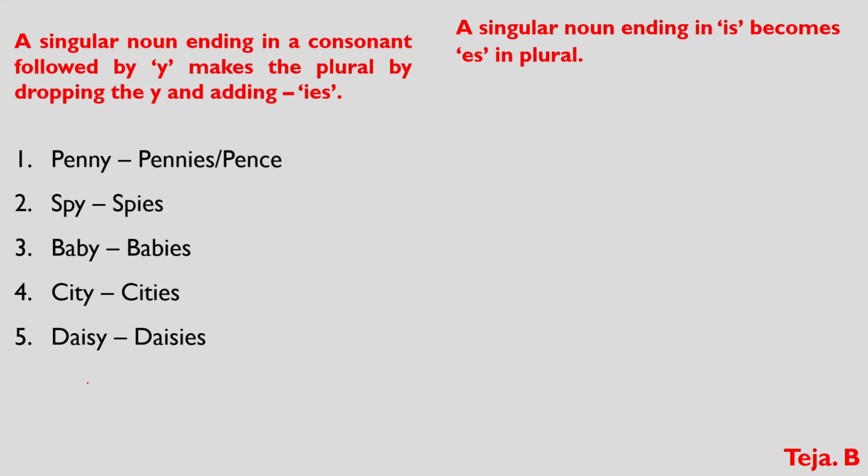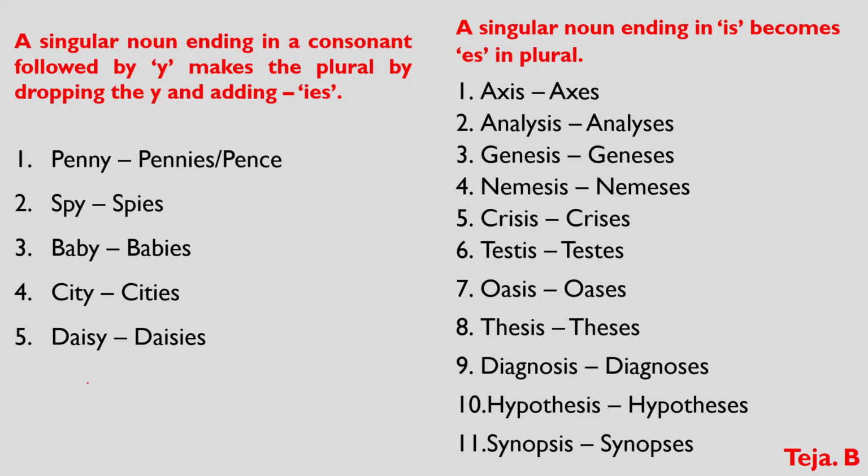Let's see. Certain nouns, usually the i between the two consonants will become e in the plural. Axis, axes. Analysis, analyses. Genesis, geneses. Nemesis, nemeses. Crisis, crises. Oasis, oases.